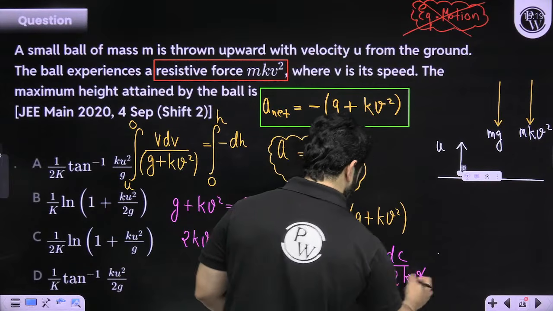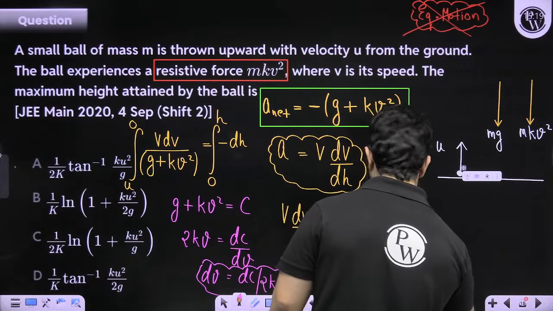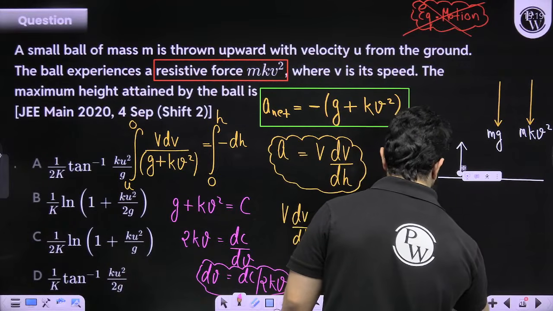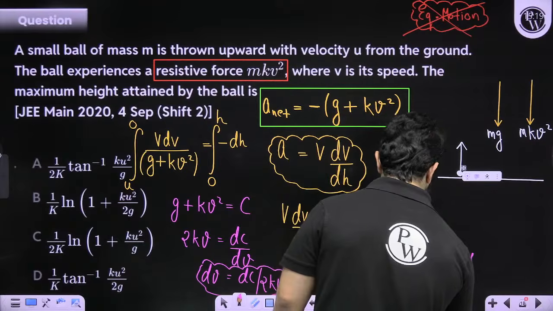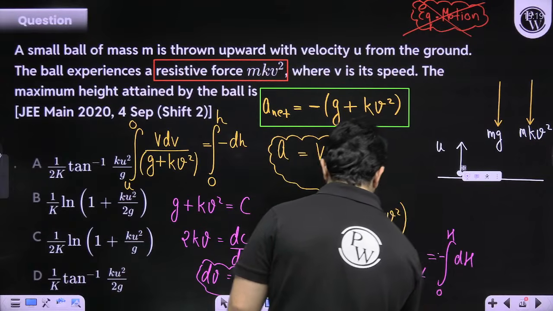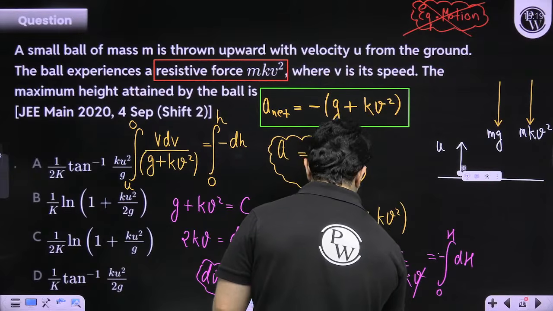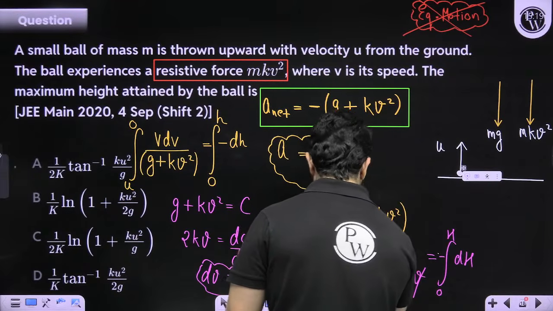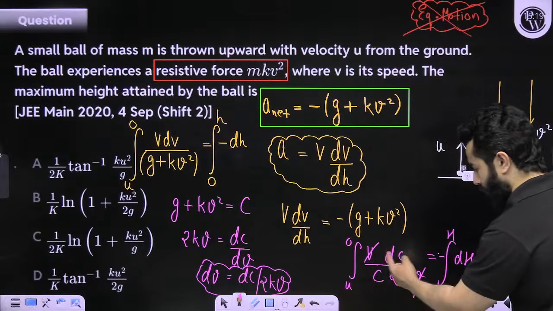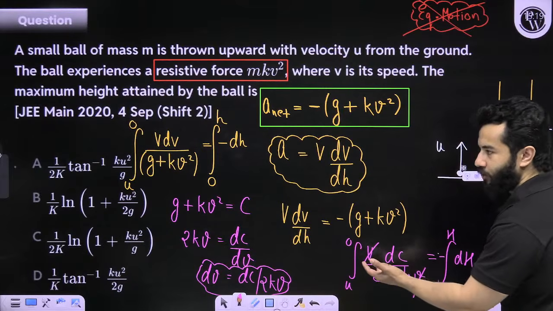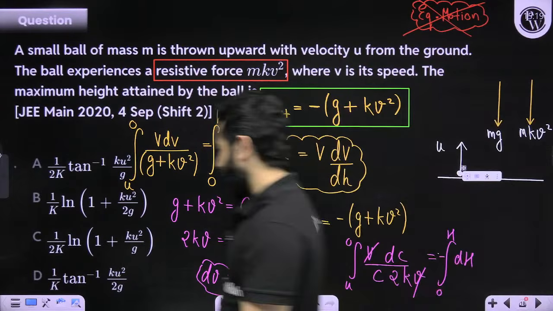So v and v cancel out, and over here you have the integration of dh from 0 to h, and this is from u to 0. Now the integration of 1 upon c with respect to c is going to be natural log.